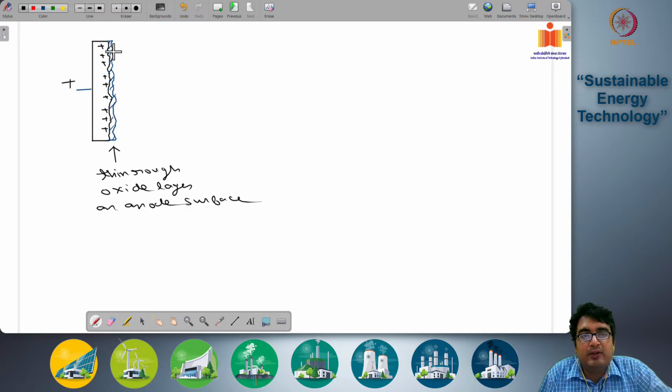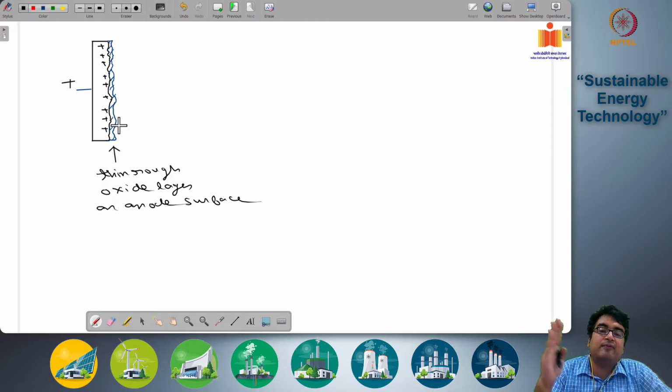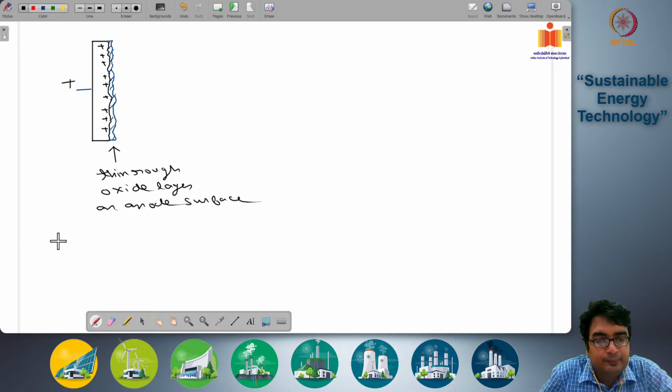Why? Because if it was a straight line, the total length will be just the straight line L. But here we have a rough surface. So, the effective contact length is increasing significantly, and the effective contact surface of this rough surface with the dielectric oxide increases significantly.